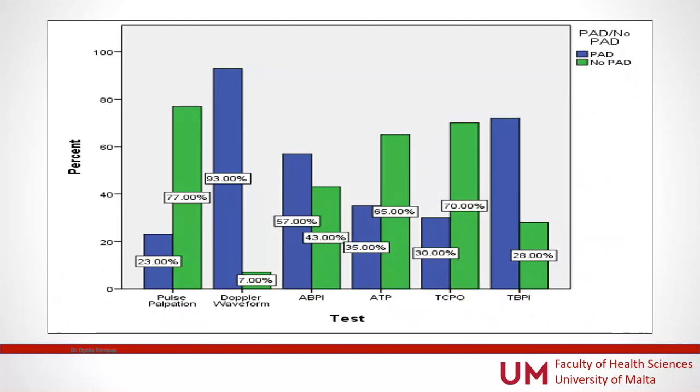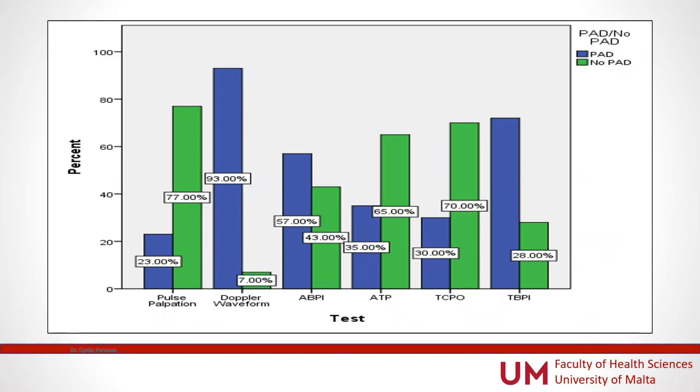However, if the clinician was using a Doppler, one would have found 93% of the population presenting with PAD, with only 7% not having PAD. So here you can see the big difference. Same goes for ABPIs, the absolute toe pressures, TBPIs, and the TcPO2.